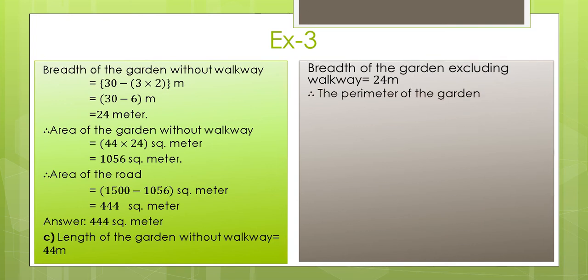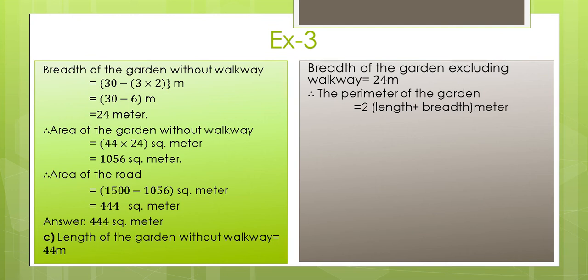And the formula of the perimeter of a rectangular shaped garden is 2 multiplied by length plus breadth, because in this question we need the cost of a fence at the perimeter of the garden. That's why now we have to find out the perimeter of the garden.